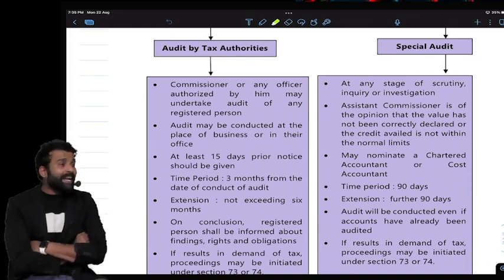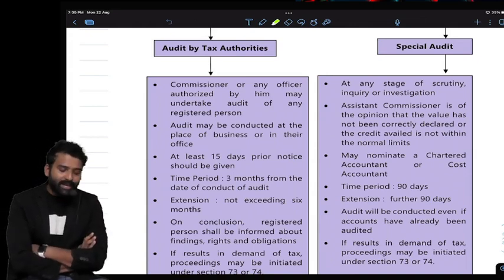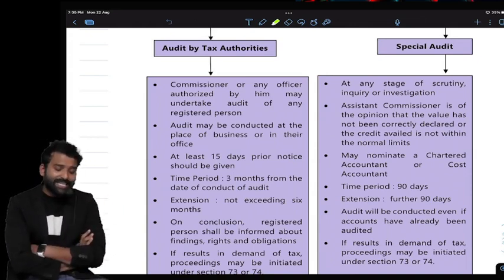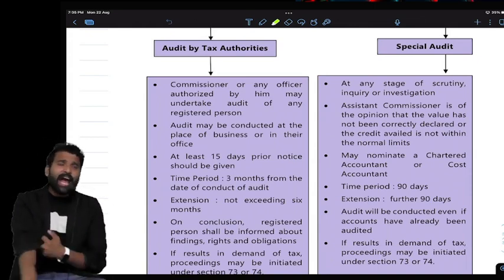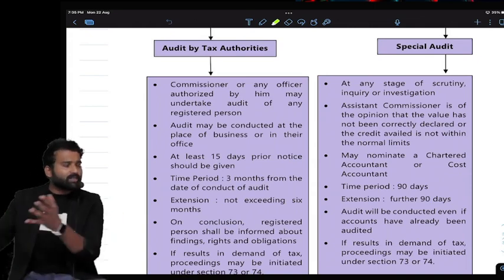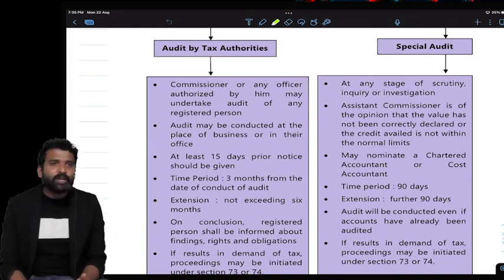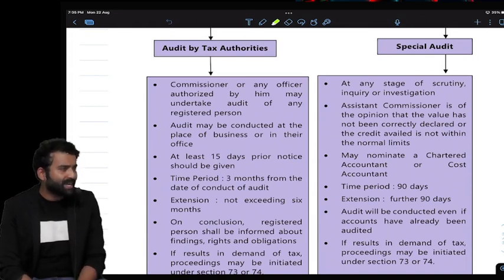Okay. Now there is one special audit, and the role of a chartered accountant and CMA in this kind of audit, the special audit. What is this audit? Listen very carefully. I am doing investigation. I am doing search. I am doing assessment. And during the investigation of a person, there are some complex transactions of input tax credit.